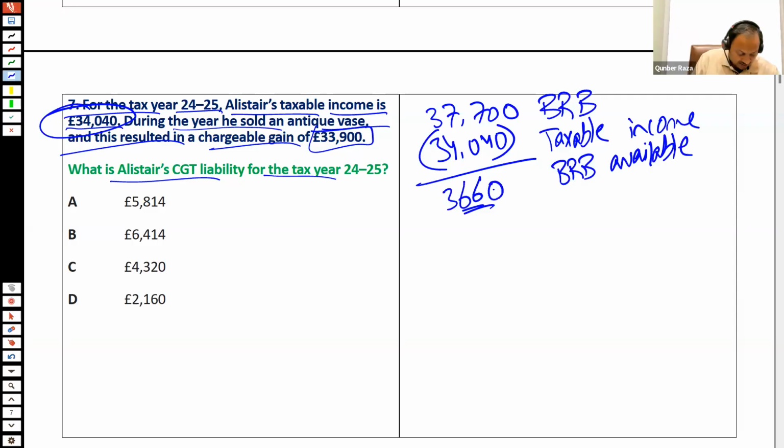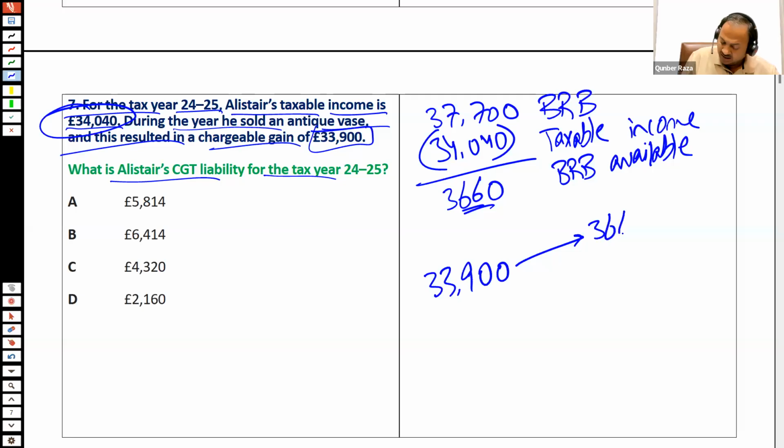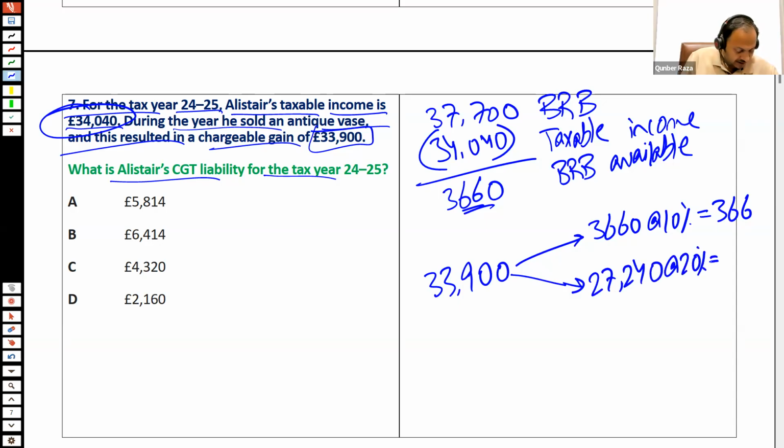It's 3,660, right? Of this, 3,660 would be at the rate of 10%, and the amount which exceeds the basic rate band is 27,240, at the rate of 20%.